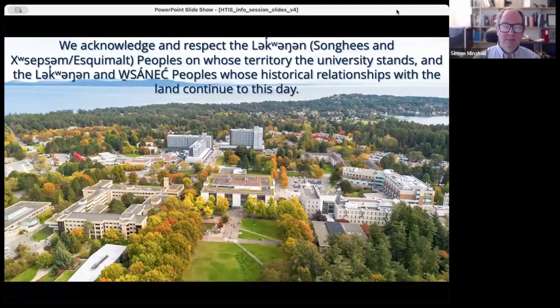The building in the middle of the image is our library, and lots of green space and trees. You can just see the First People's House on the lower left of your screen. So this land is known as the place up there in First Nations languages, and up there being from the perspective of the water you can see in the background. So it's just a good picture to use to illustrate that.